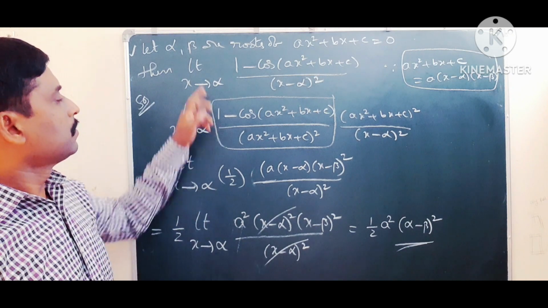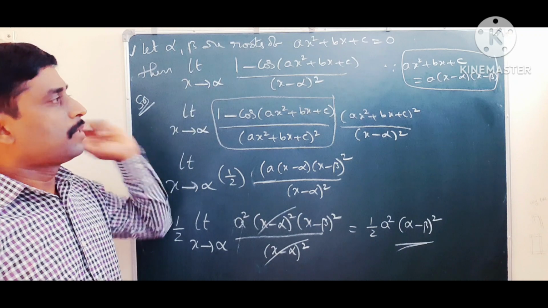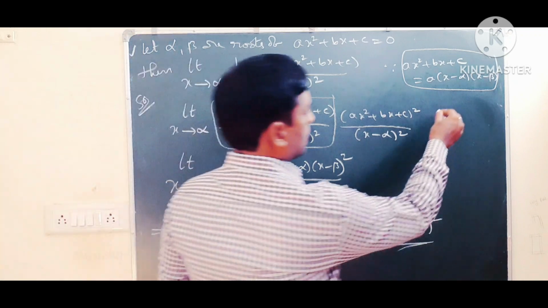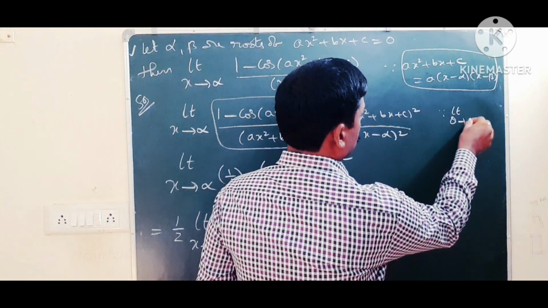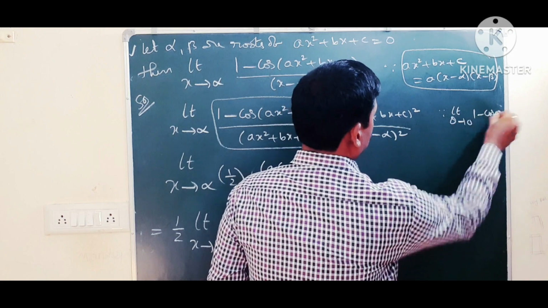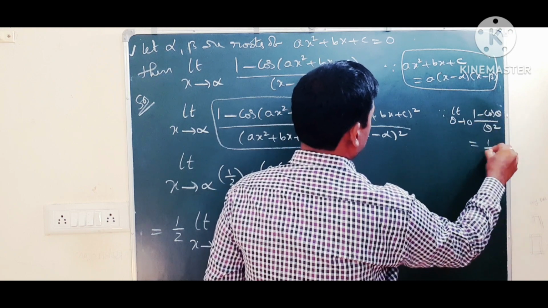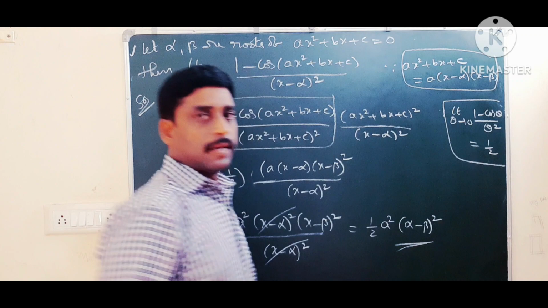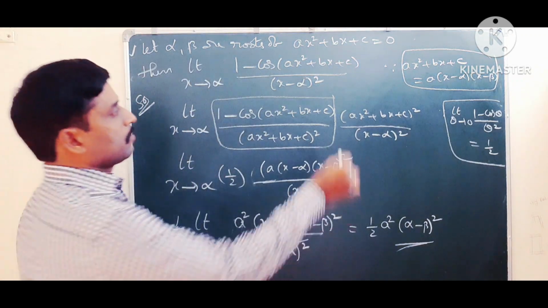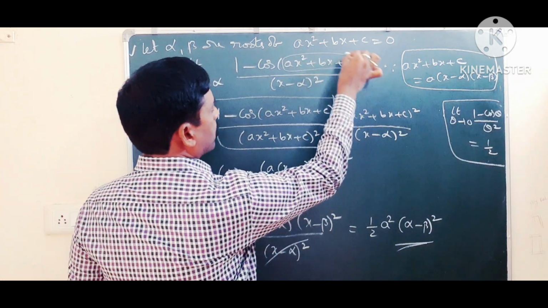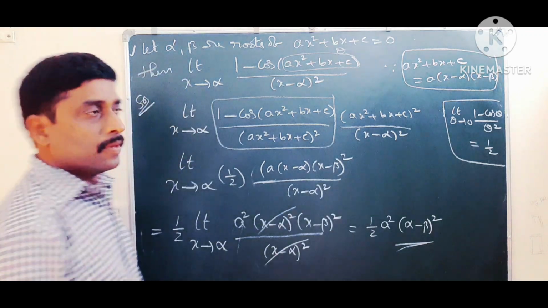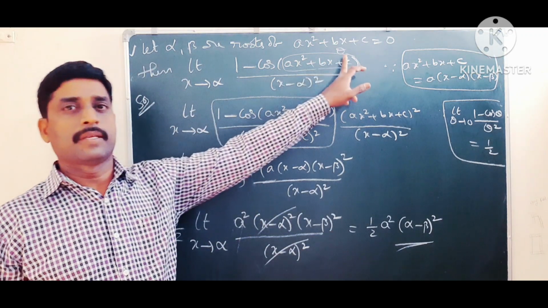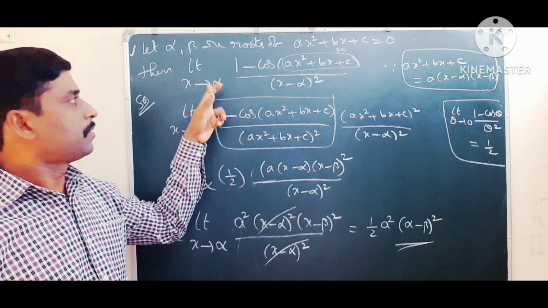Okay, now limit x tends to alpha. Here we have one formula: limit theta tends to 0 of 1 minus cos theta by theta square is equal to how much? 1 by 2. According to this formula, what is theta here? ax square plus bx plus c is there. Here ax square plus bx plus c is satisfied by one of the roots, alpha.